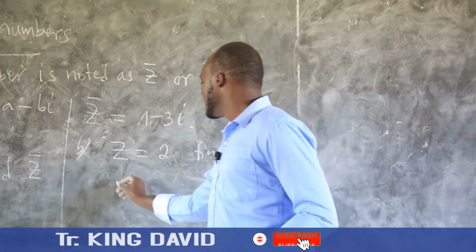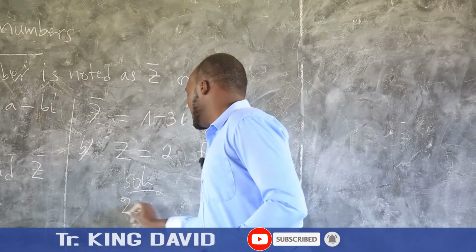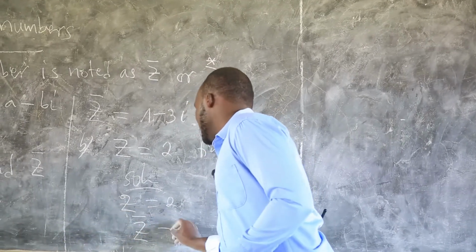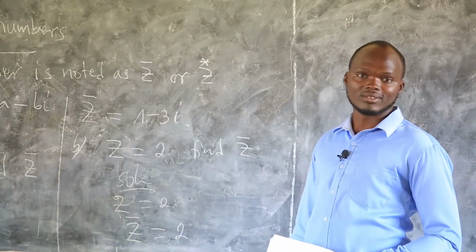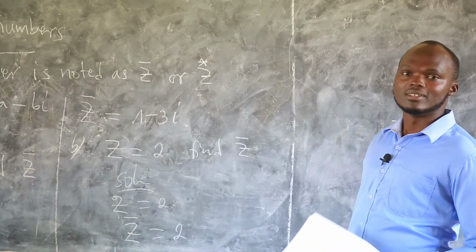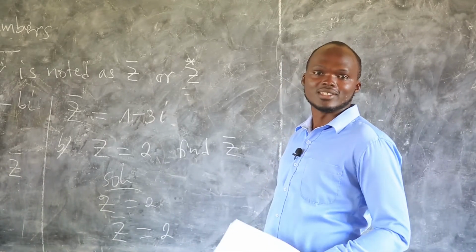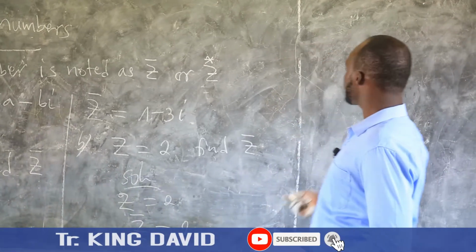So our Z conjugate, since Z is 2, is also 2. Because here the imaginary part is 0, and when you have 0 which is positive and 0 which is negative, it is 0. So the conjugate of this Z is 2.